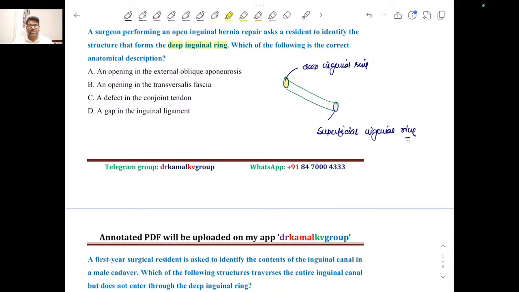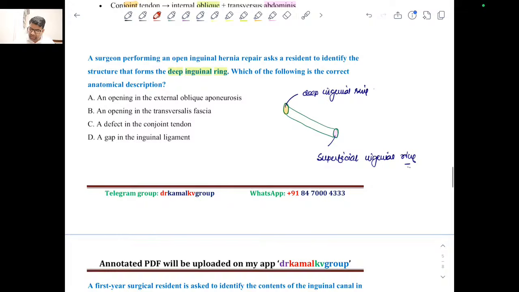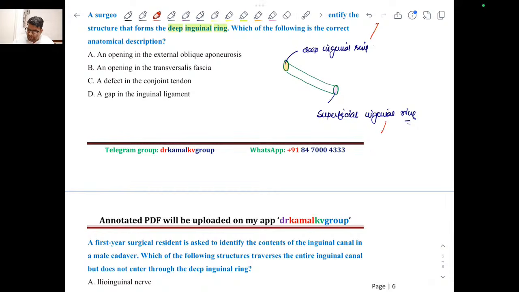Now remember one thing, these openings are never present in any muscle. That's an important thing. Now deep inguinal ring is present in fascia transversalis, and superficial inguinal ring is present in external oblique aponeurosis.